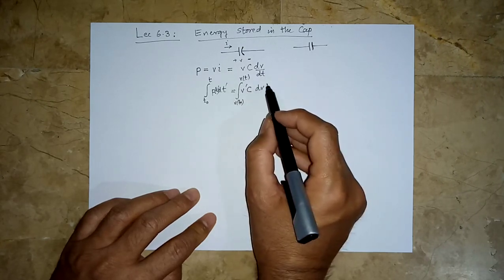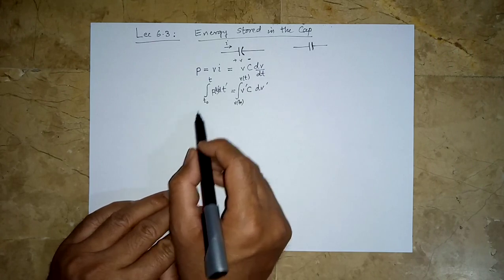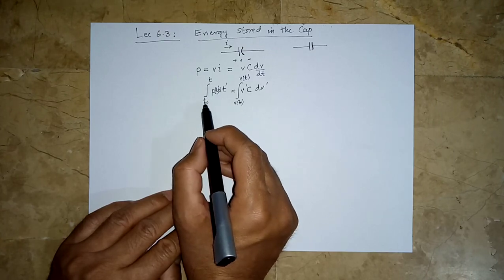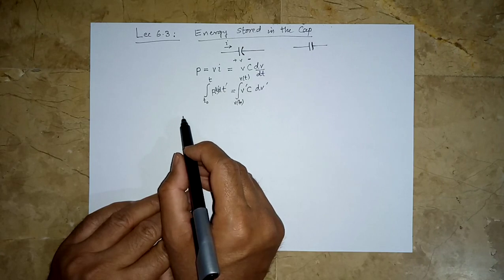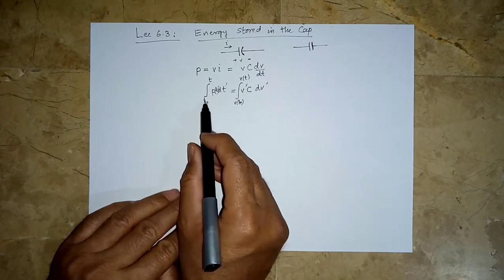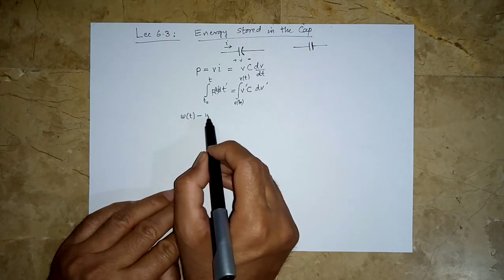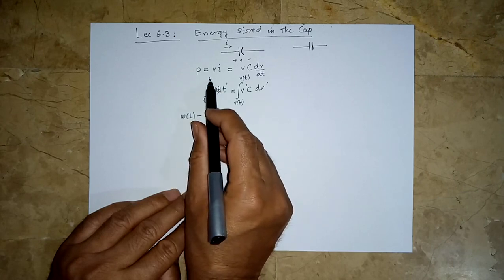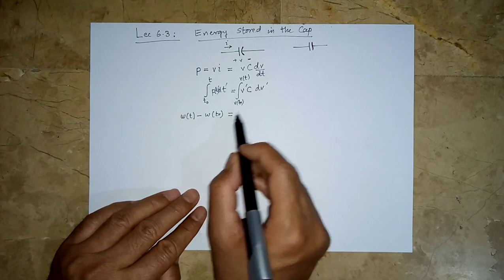So the power transferred integrated from t naught to t gives us the change in the energy: the energy at t minus the energy at t naught. So whatever the energy was at t naught, this finds the change in the energy level.